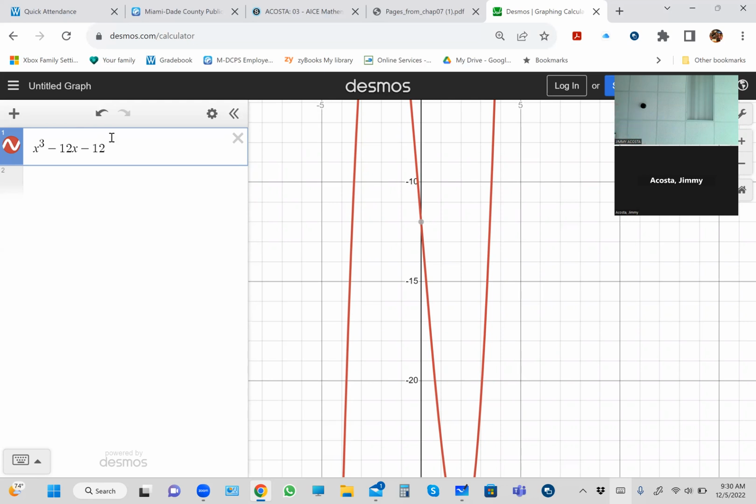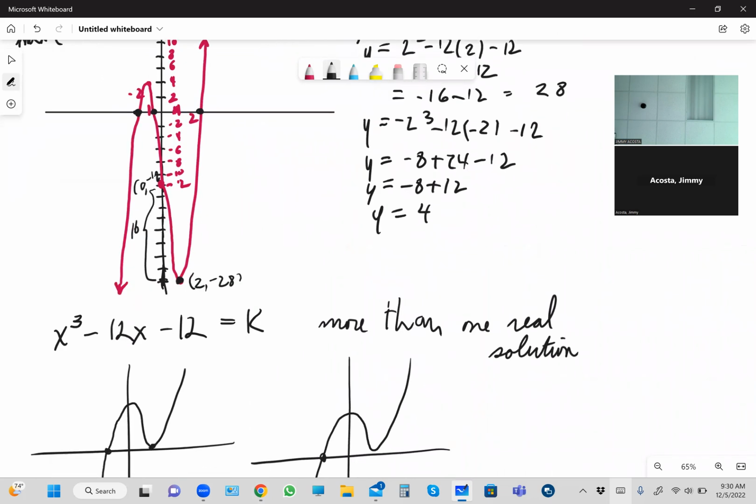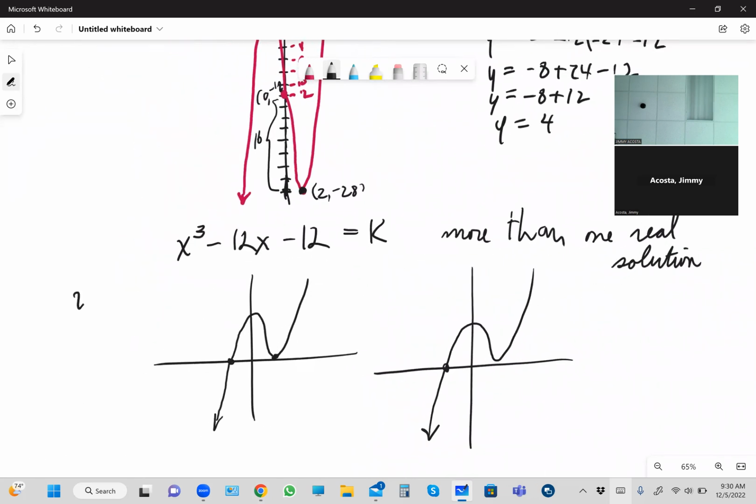Now, let's just say K was -1. So x to the 3rd minus 12x minus 12 equals to -1. When I try to solve this, this comes out to what? -11, right? You see that?